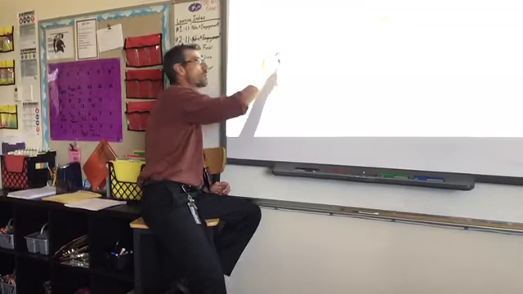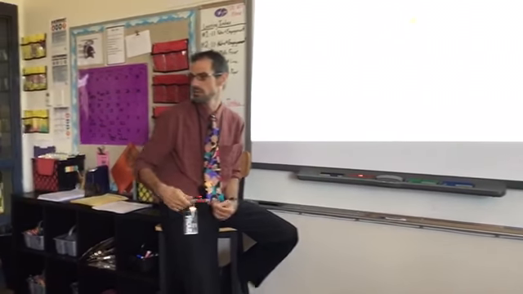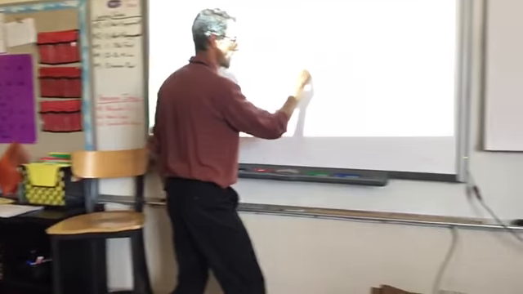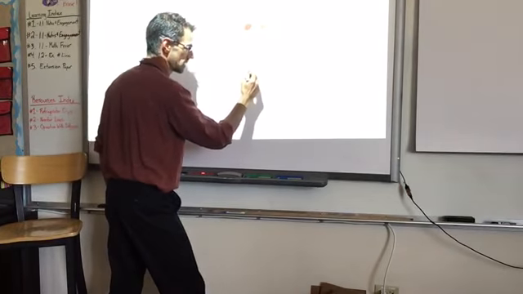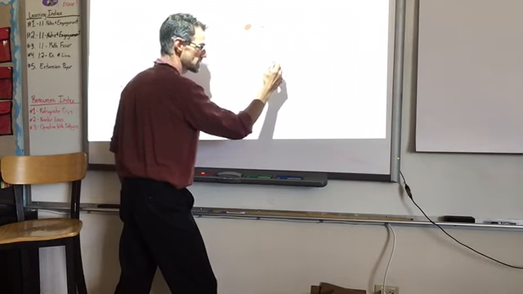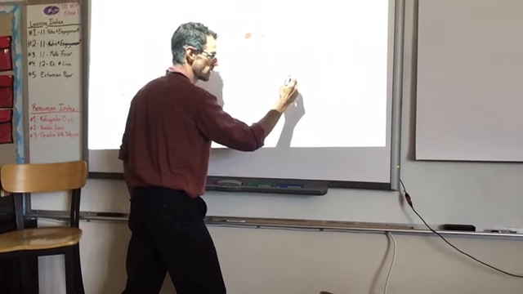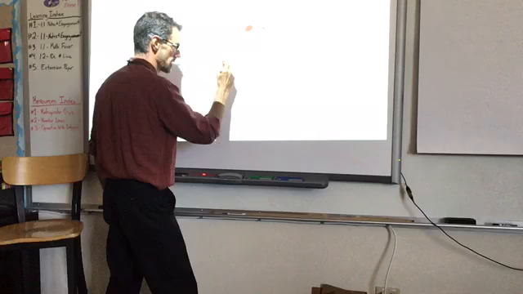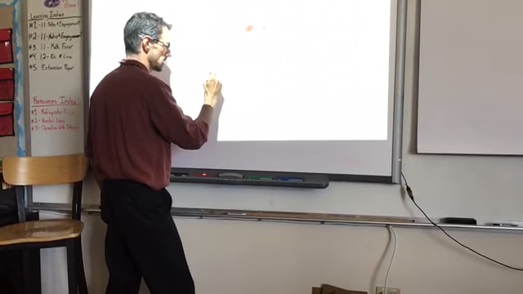So x could be 1, but what are all the numbers that x could be? 1, 2, 3, 4, 5, and 6. Okay, so we know that if I went over here, let's do this again. Negative 7, negative 6, negative 5, negative 4, negative 8, negative 9, negative 10.